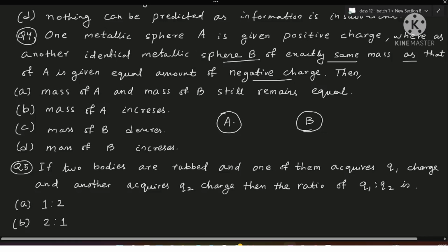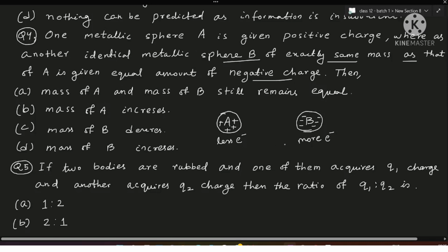But now sphere A is given a positive charge, that means it has a deficiency of electrons. Electrons are less, and here negative charge is more, that means here more electrons will be there.